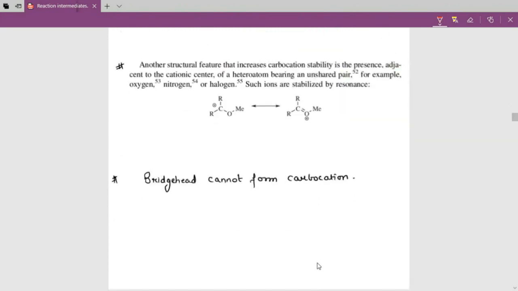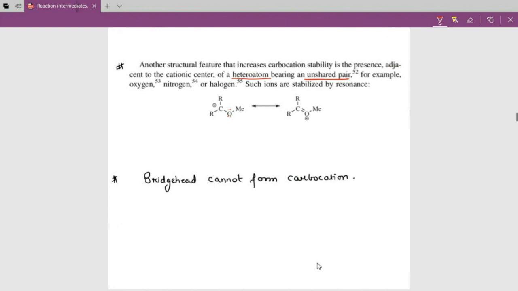Another very important structural feature that increases carbocation stability. Always remember this one. Whenever there is a plus which is adjacent to a second period atom, which is now called a heteroatom, bearing an unshared pair, see the oxygen lone pair.